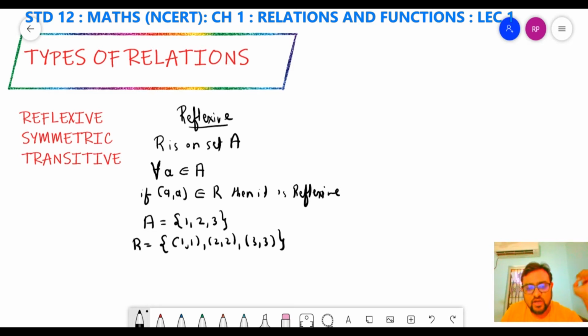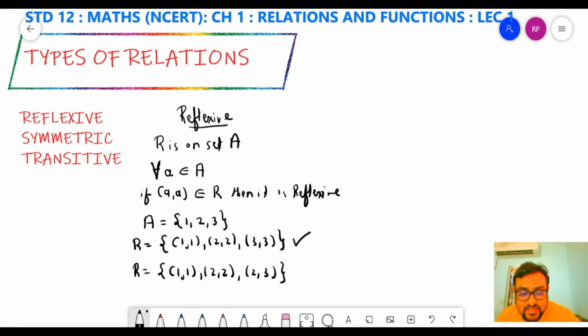But (1, 1), (2, 2), and (3, 3) must belong to R. Means this must be included in R. See, then this is reflexive. See, if the relation is like this, (1, 1), (2, 2), (2, 3), now see, this relation does not have (3, 3). That means it is not reflexive.